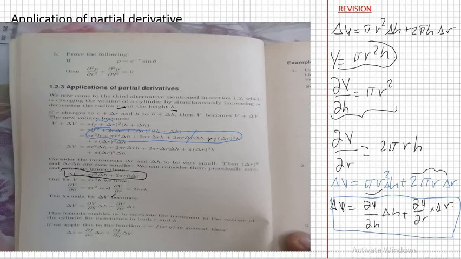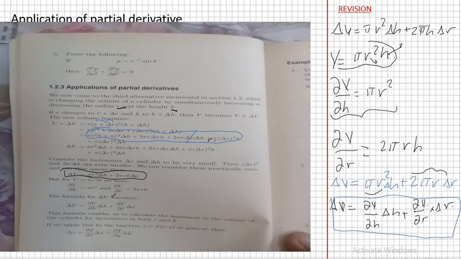In other words, you need to differentiate the volume with respect to h, and then multiply by the change in height. So they need to specify the change in height in the problem. Secondly, you have to do the partial derivative of that volume with respect to the radius, because here we have two variables. The first variable is the height and the second variable is the radius.